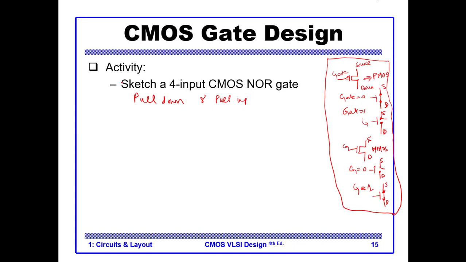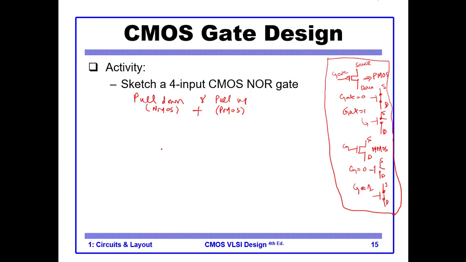The pull down is composed of NMOS and the pull up is composed of PMOS. So any CMOS gate is a combination of both NMOS and PMOS.